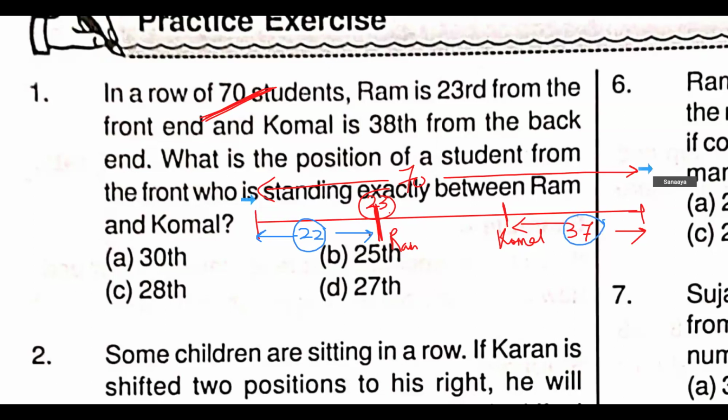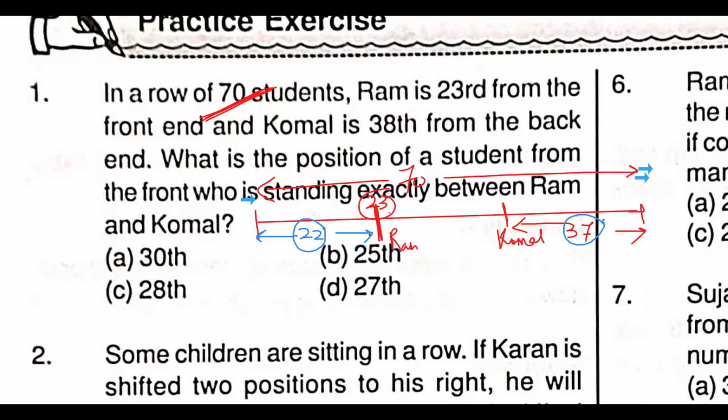So from here to over here, are there 70 students in full? Yes, total there are 70 students. So that means Ram's left has 22 students, and Komal's right has 37 students. Whatever students are left, that means they must be sitting between Ram and Komal only.